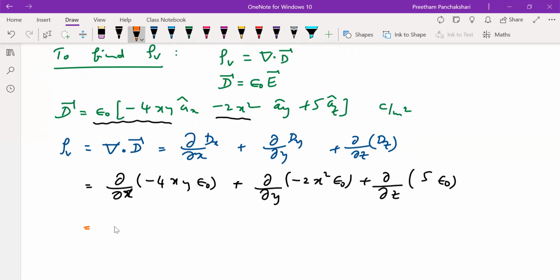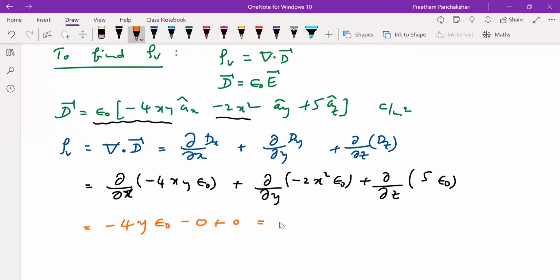In the first case, with respect to x, we are going to get minus 4y epsilon naught. Here also, differentiation with respect to y, there is no y term, it is 0. The last one also, there is no z term, that is also going to give us 0.